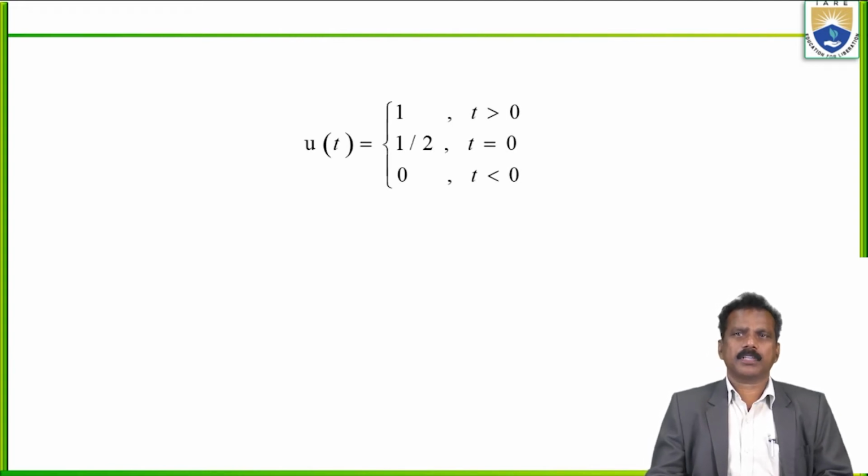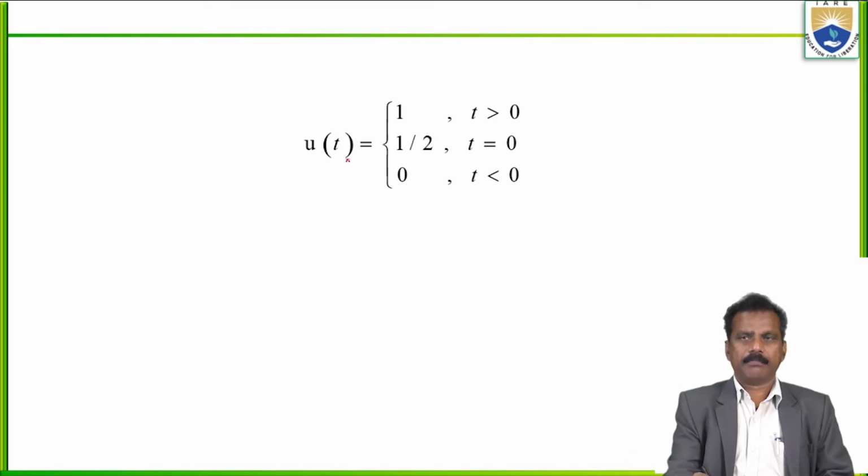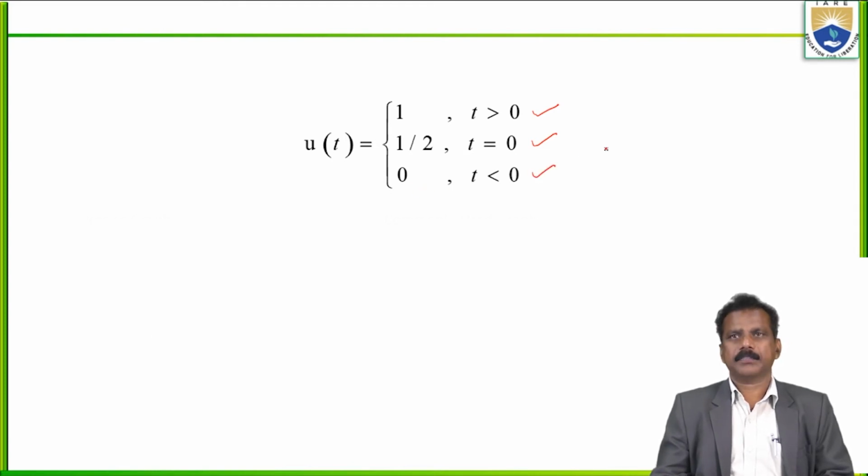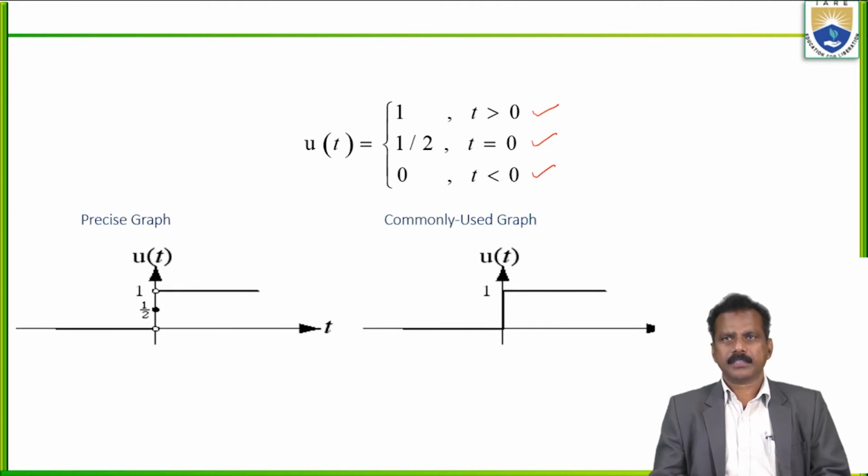Here u of t is equal to 1 if t is greater than 0, and 0 if t is less than 0. Using all these conditions, what happens here? The precise graph and the commonly used graph.